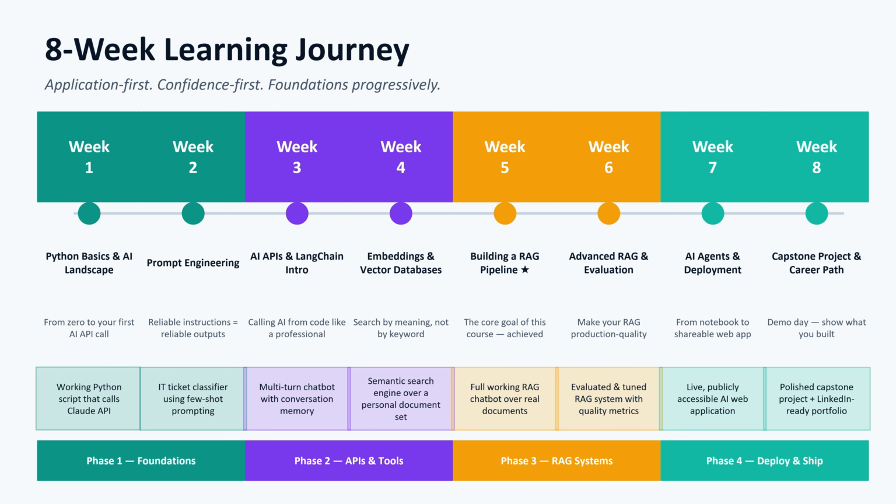Week 5 and 6 are the heart of the course where we build and improve retrieval augmented generation, RAG, systems. Finally, week 7 and 8 focus on deployment, AI agents, and the capstone project. Notice that every week has a clear outcome. We are not learning concepts for the sake of learning, we are building something tangible every week.